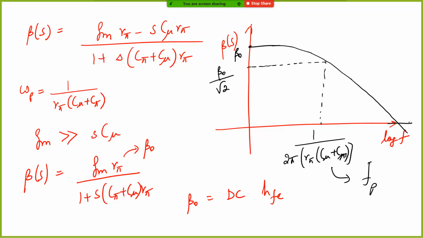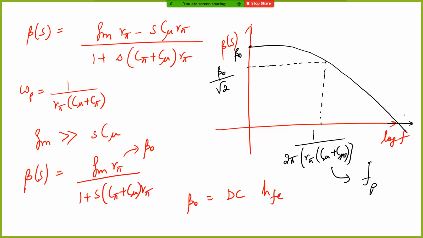Now, what we are interested in is to find out the point at which this beta becomes 1. We know that this beta keeps decreasing as you increase the frequency. It becomes beta naught by root 2 at this particular frequency.